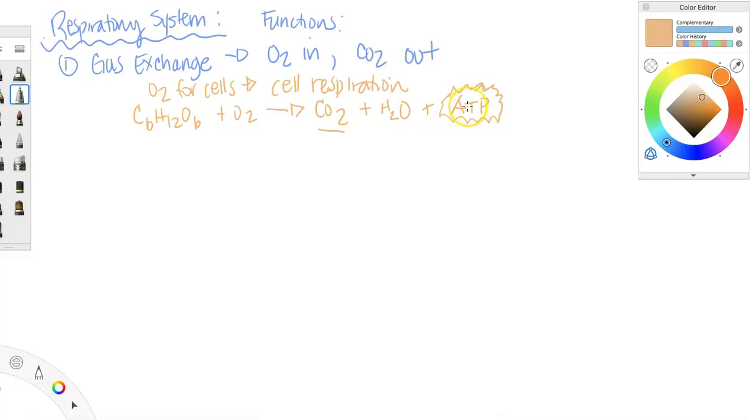CO2 also helps with maintaining acid-base balance. We have this equation here, which is a buffer. And it's a buffer because it goes back and forth as it is releasing hydrogens or binding them up.